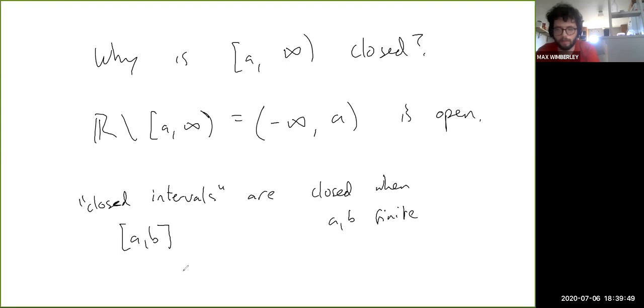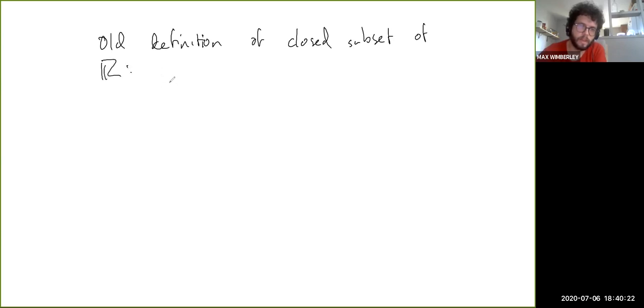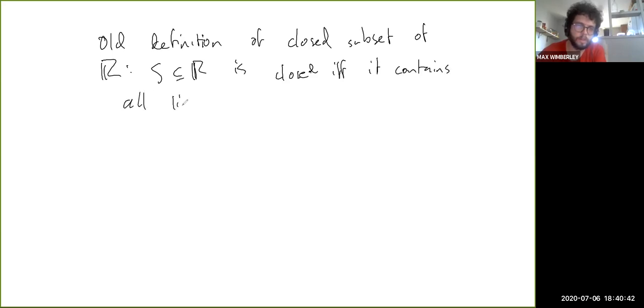Yeah. So basically you can use either one, because Proposition 13.9 tells us that the old definition is equivalent to the new one. The old definition of a closed subset of R was that S subset R is closed if and only if it contains all limits of sequences in S, right?